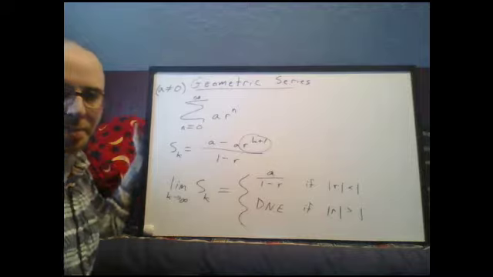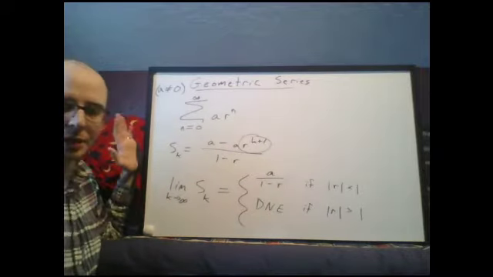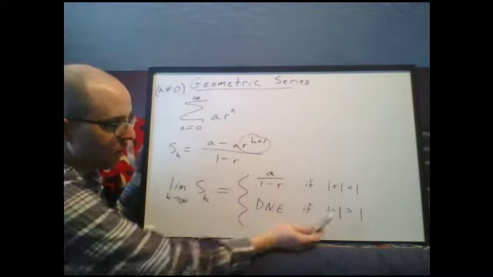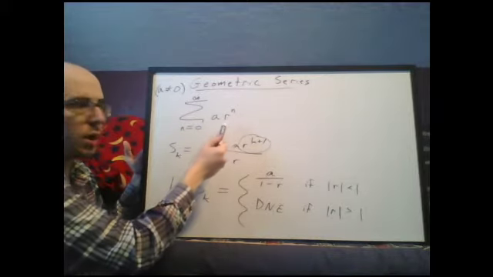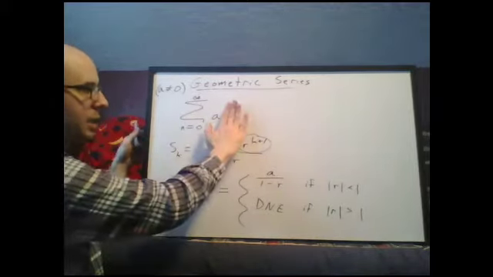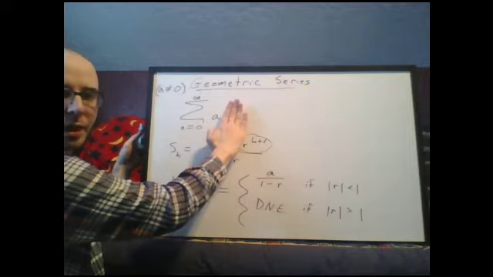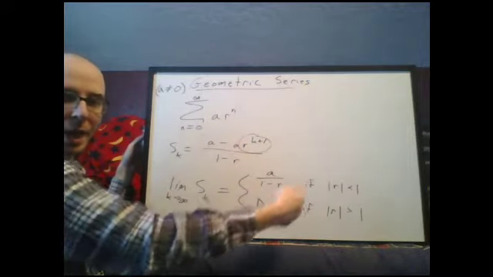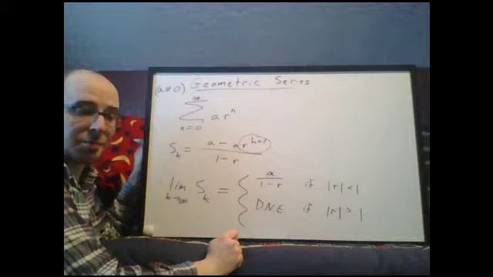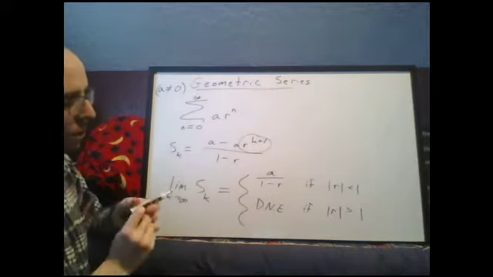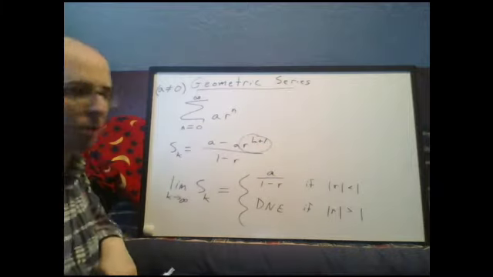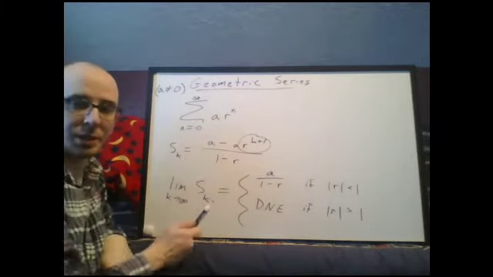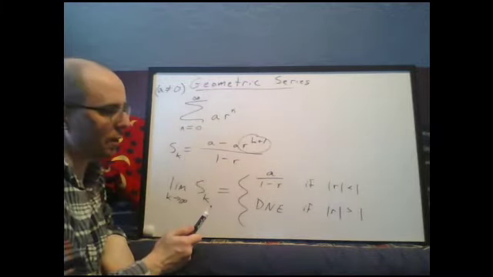I think I did that last time. If a is 0, then the whole thing's not geometric anymore. It's just 0. But if r equals 1, 1 to the n is always 1, so all I'm doing is adding up a's for every n value. So a plus a infinitely many times is not going to be finite. That's going to be infinite. So if r is positive 1, without going to any of this trouble of figuring out the formula for sk, we can conclude that the series is divergent.